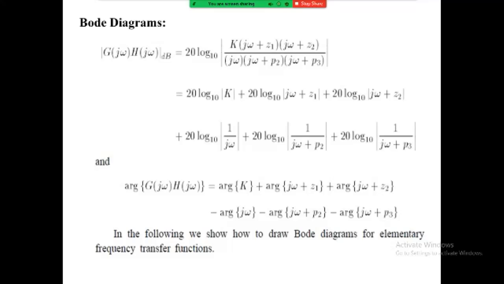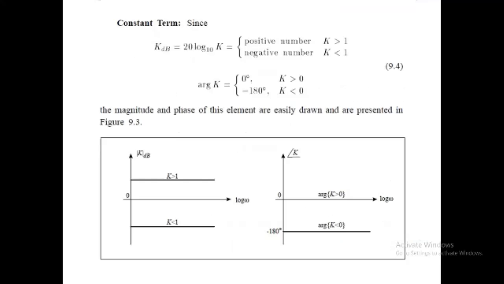In the following, we show how to draw the Bode diagram for elementary transfer functions. Here the constant term K is 20 log of K to the base 10, and it is in decibel.